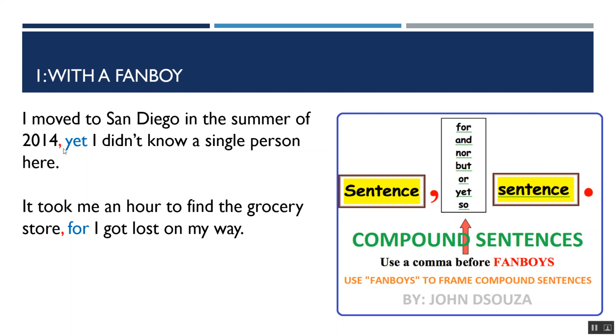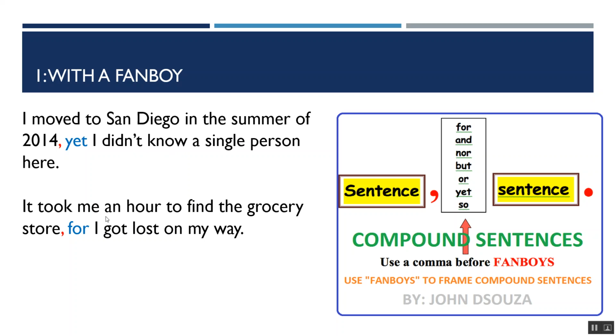In this example, the word yet means like however or but. Notice that I moved, okay, so I have a subject and verb in this sentence, to San Diego. Then I separate it with this comma, my fanboys, and then my second sentence also has a subject, I, and a verb, didn't know.